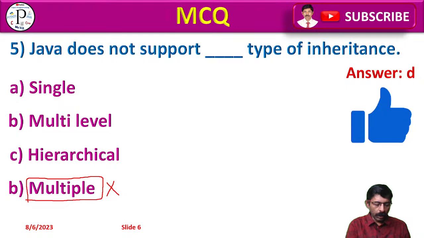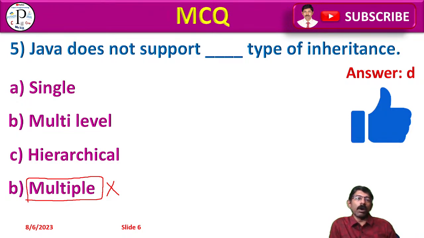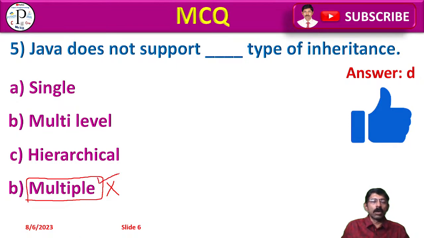We'll use implements, or an interface is required. Interface is required for multiple inheritance. We can achieve this in Java, but with the help of an interface, not with the help of a class.